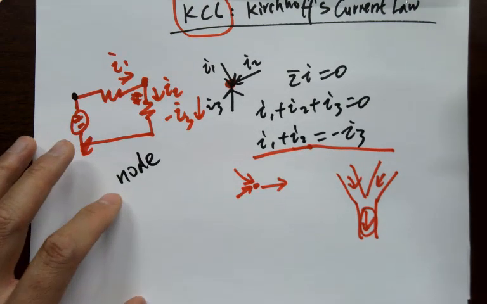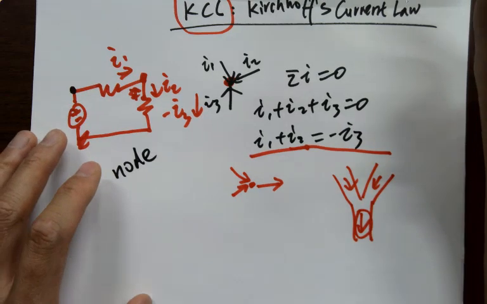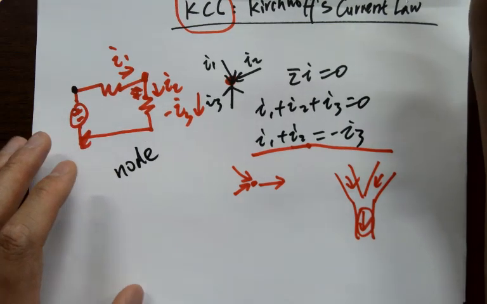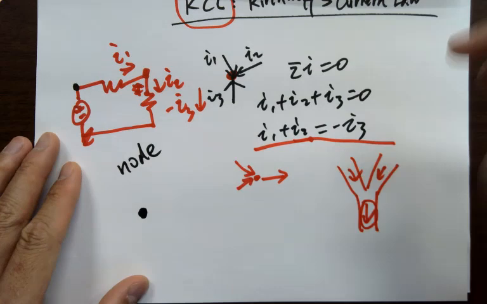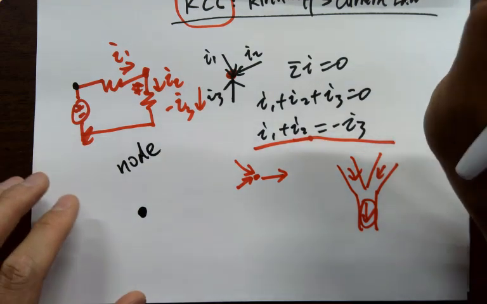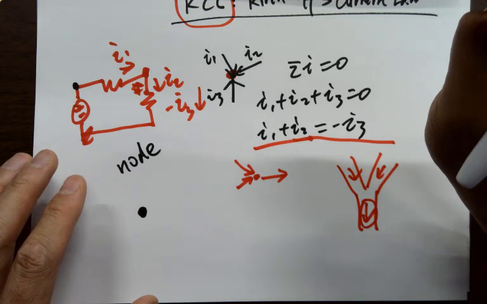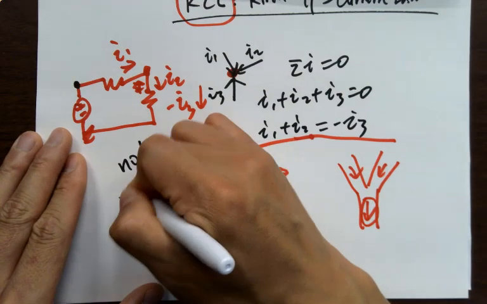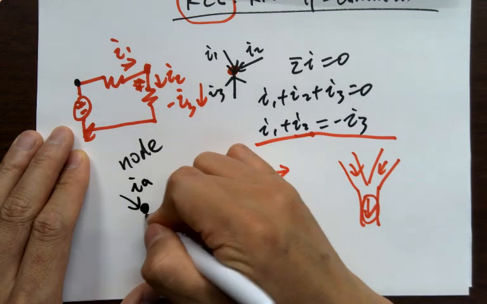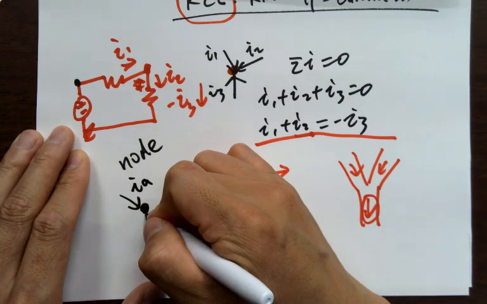Okay? So the question is, a circuit node has current IA entering, and IB and IC are exiting.